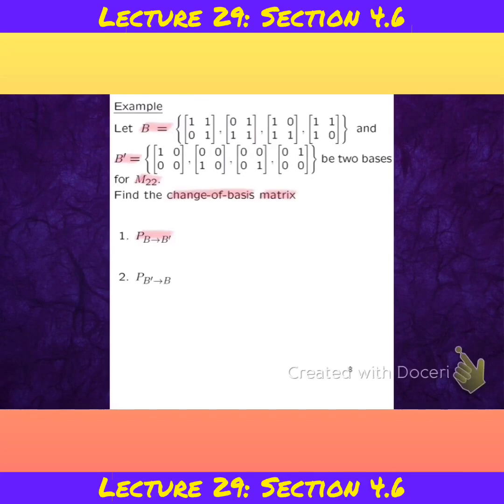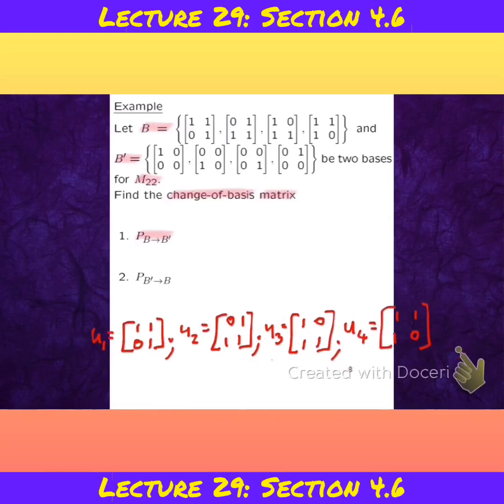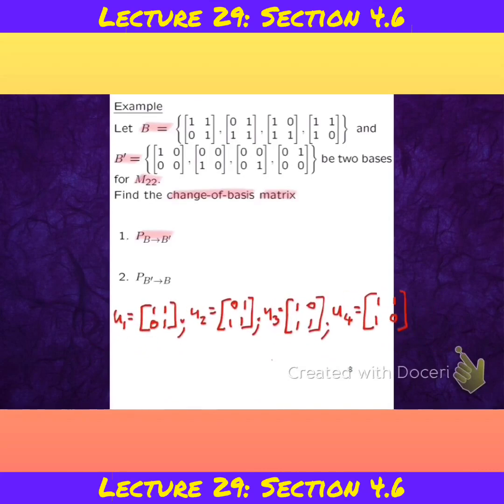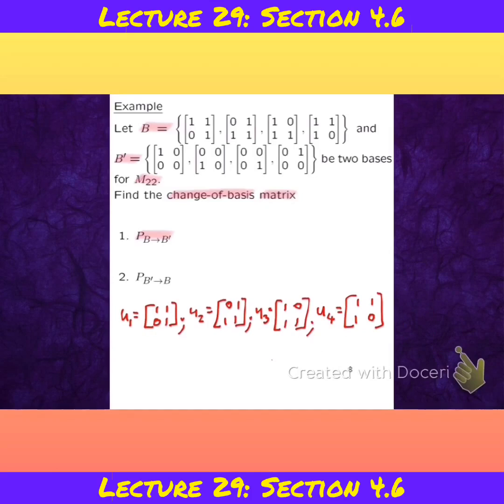Right, so now we follow our notation. We start with our old basis, which in this case is B, and we label our vectors u1, u2, u3 and u4, and we want to find the transition matrix from B to B prime.